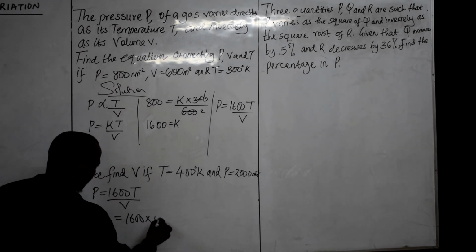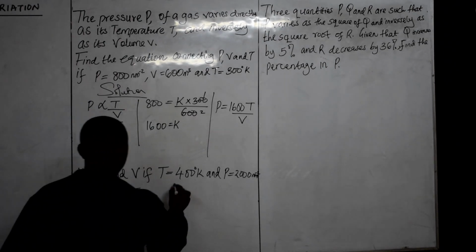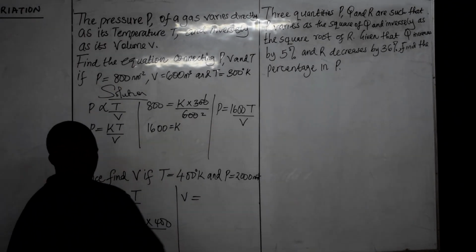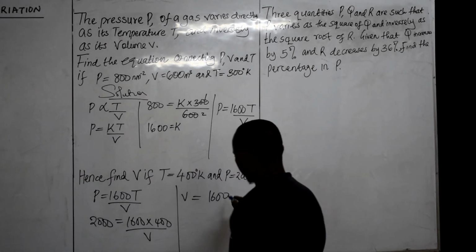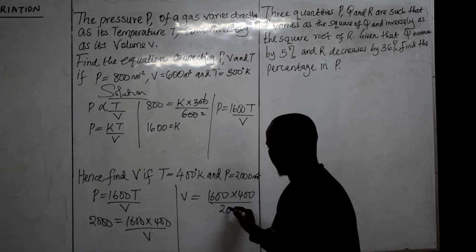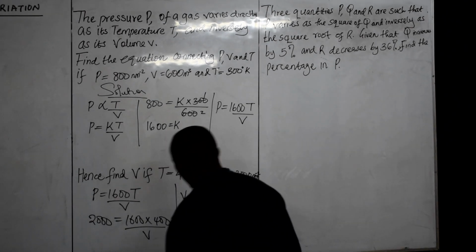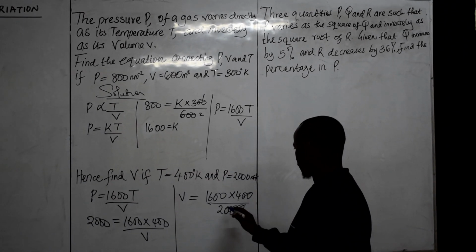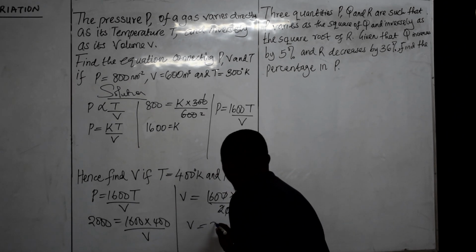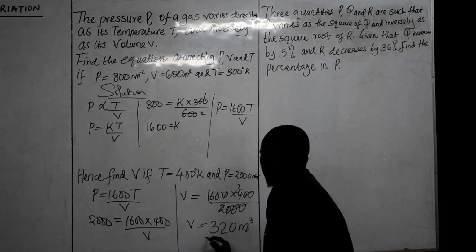T is given as 400 and we don't have V. Therefore V will be equal to 1600 times 400 divided by 2000, which we get as 320. The volume is equal to 320 meter cubed.